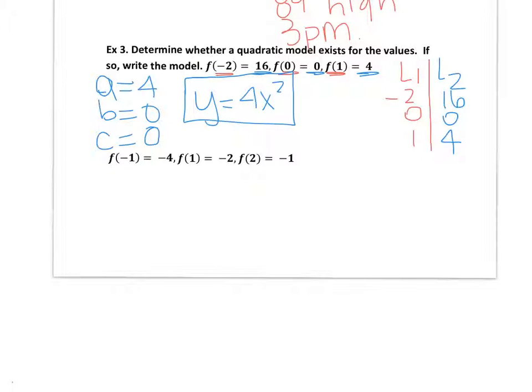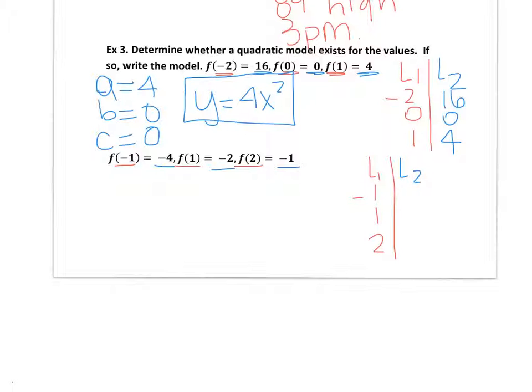Okay? Now, when you're going to do the next one, same thing. X, X, X, Y, Y, Y. So in L1, you're going to write -1, 1, and 2.